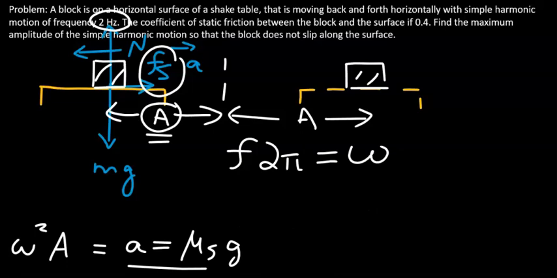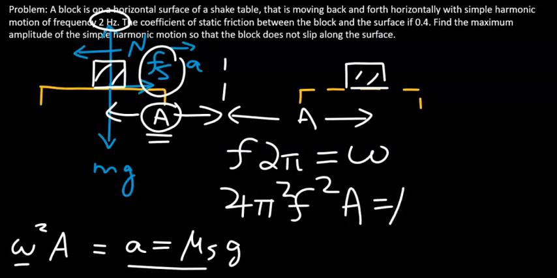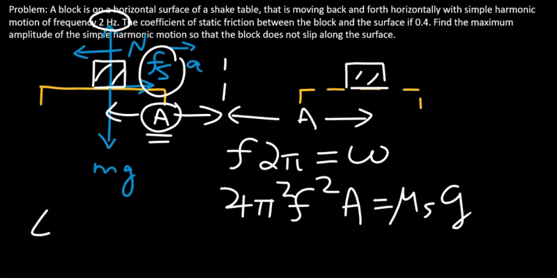So substituting all the information that we have thus far, omega squared is 4 pi squared f squared, times the amplitude equals mu sub s times gravitational acceleration. f is given to be 2 Hertz, so 2 squared, that is 4, times the amplitude, which is what we want to find.